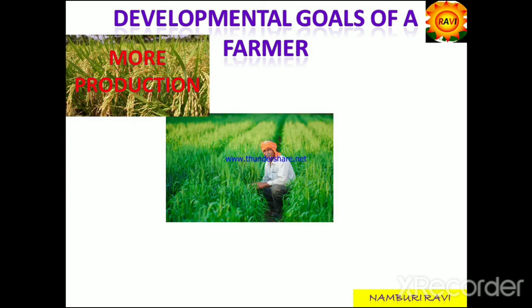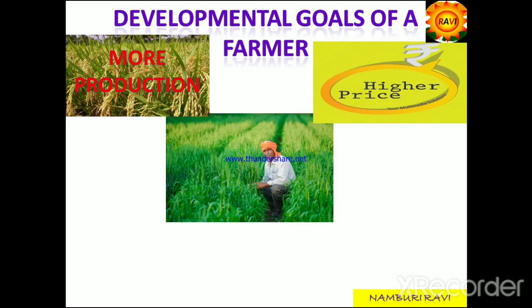In his small land holdings, he uses seeds, fertilizers, pesticides, insecticides, and many other inputs. By using all these inputs, he expects more crop production, and then he wants to get some profit from it. So this is the first developmental goal of a farmer.